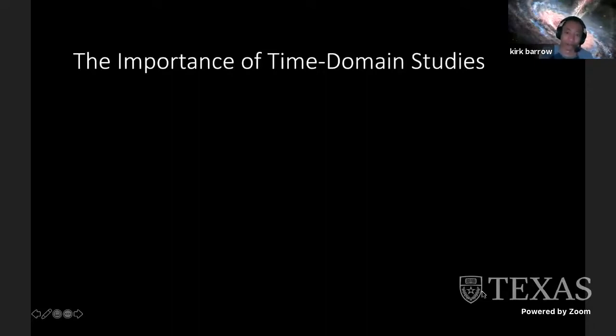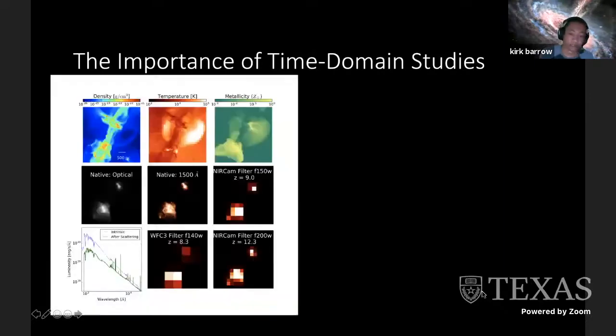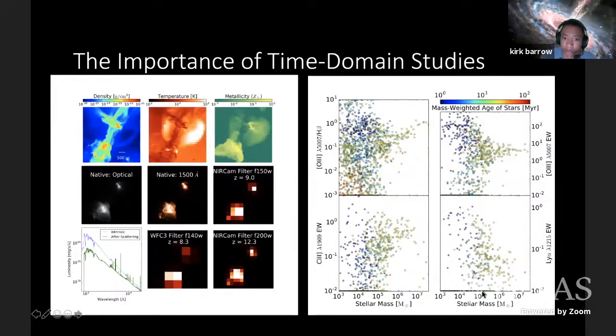But I think a lot of people agree that time domain studies are important. Almost everybody so far has done something in the time domain and talked about the redshift dependence. But working on synthetic observations, I didn't start in the time domain. I actually started with the Renaissance simulations that Eli brought up, and took one single snapshot and looked at all the galaxies within that snapshot, and made synthetic images and spectra and nebular emission lines.